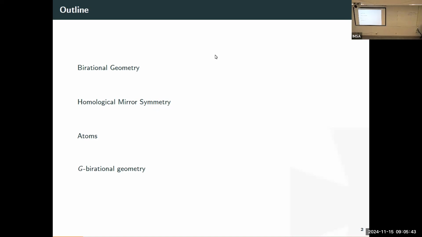Besides classical birational geometry, this will lead us to birational geometry for quasi-projective varieties, like log Fano varieties or Fano varieties with some additional choices of divisors in them. So you can do this as well.